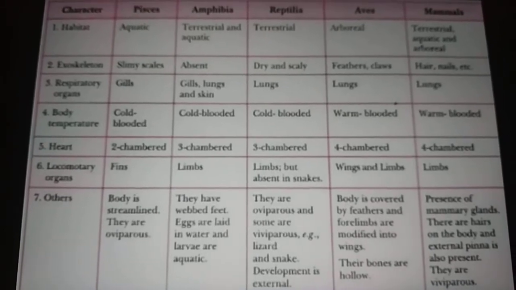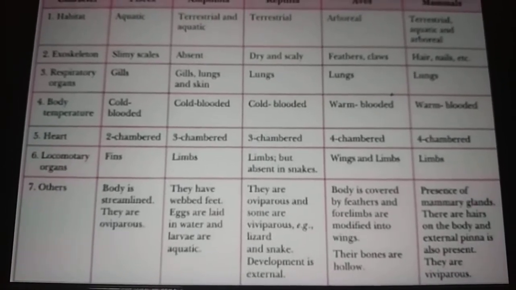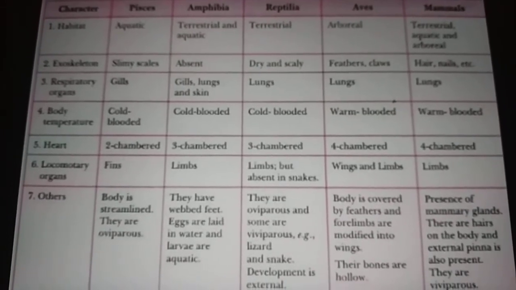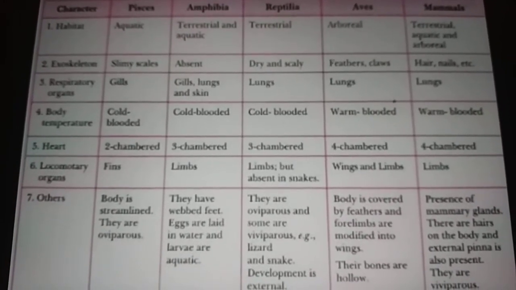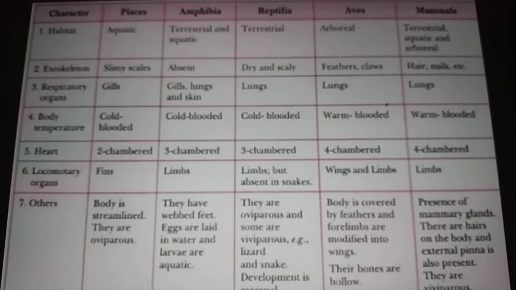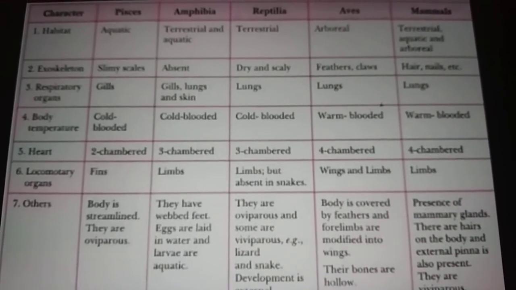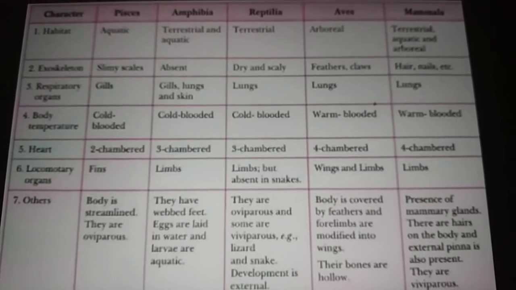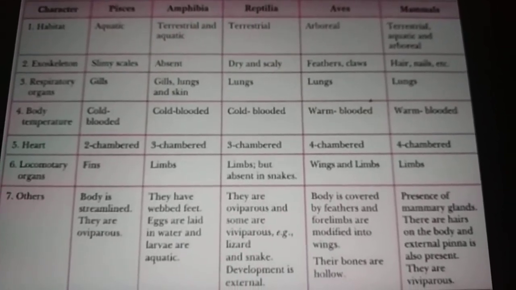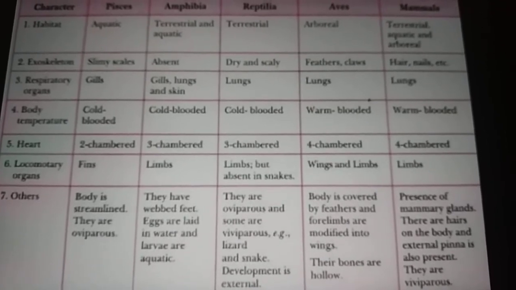Then the external feature: the body of Pisces is streamlined, in a straight line. They are oviparous. What is the meaning of oviparous? Those which lay eggs. The vertebrates which lay eggs are known as oviparous. What is viviparous?